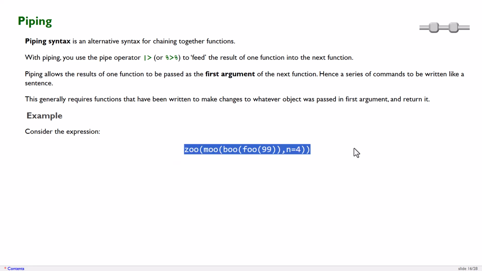So here we have an expression, and there's 1, 2, 3, 4 functions, and they've been combined in this deeply nested expression. With piping, we would take the first expression, the middle one that gets evaluated first, and then we use that pipe character and pipe it to the next function in the chain, which in this case is boo, and that pipe character will bring it into the boo function as the first argument, which we don't even have to write because it goes there automatically.